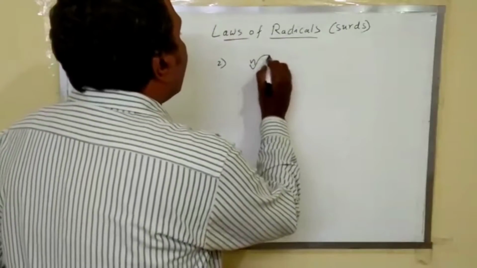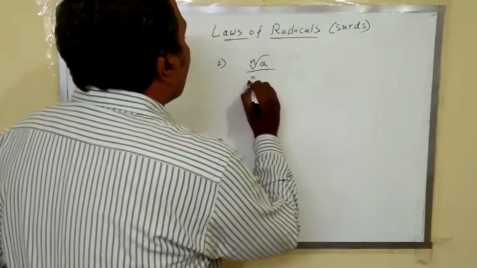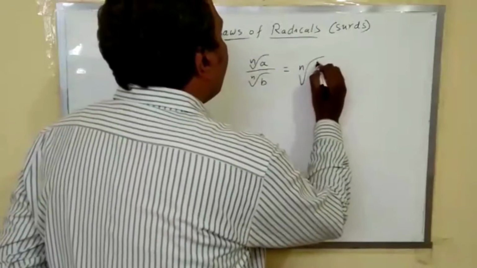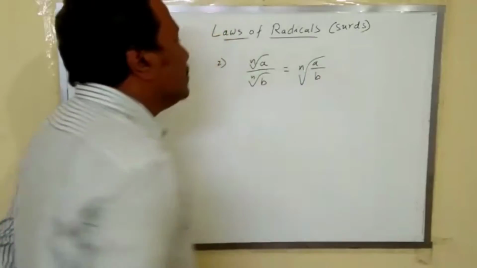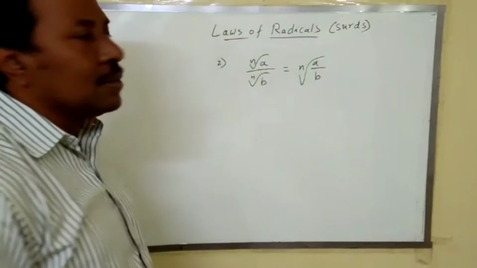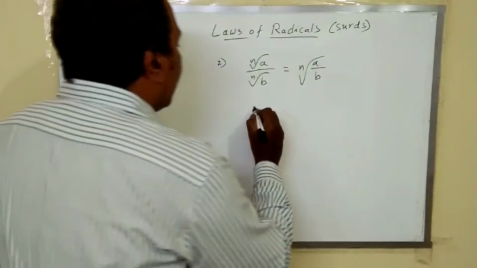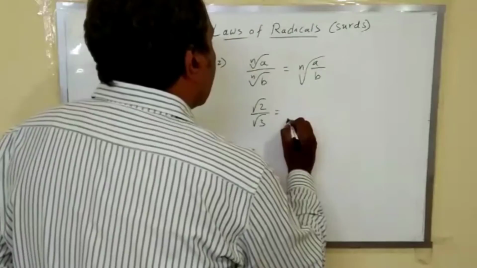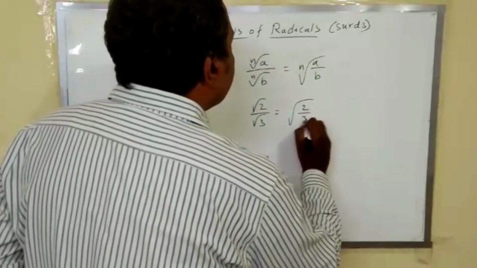Nth root of a by nth root of b is equal to nth root of a by b. Example, root 2 by root 3 is equal to root of 2 by 3.